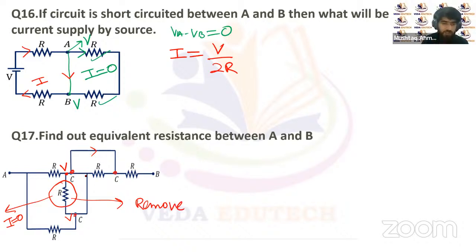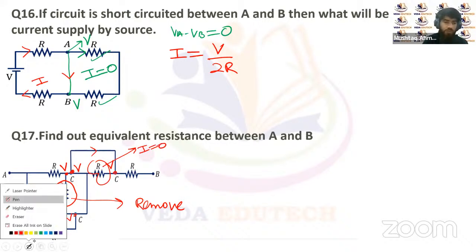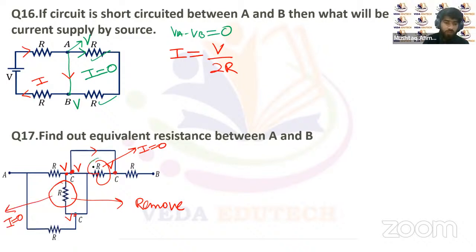And you can see here this resistor is also short circuited, right? If the potential here is V, here the potential will also be V, and at this point the potential will be once again V. So the potential difference through this resistor is once again 0, but the current through this will be 0. So we can remove these two resistors, the two resistors through which the current is 0, this one and this one, right?